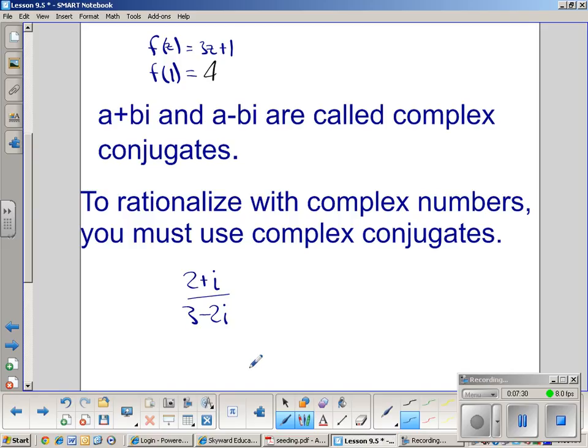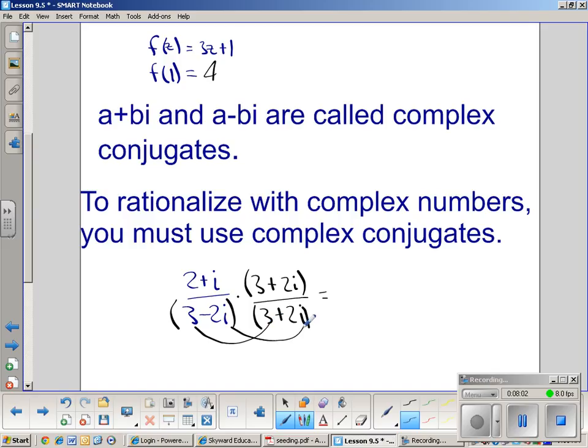What's the conjugate of 3 minus 2i going to be? 3 plus 2i. So we multiply top and bottom by 3 plus 2i. Remember, when you're multiplying by the conjugate, we don't have to worry about the outer and inner terms. We just worry about the first two and the last two.